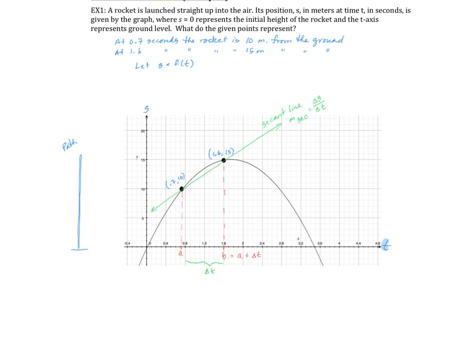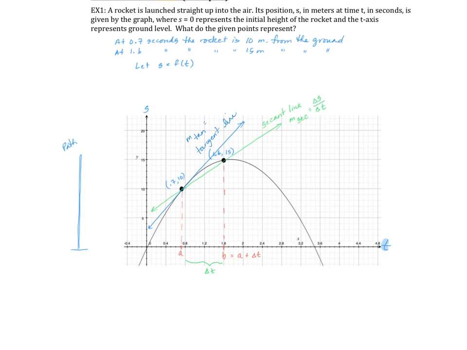Now let's look at the first point. Here, I think I'm going to use blue. At this first point, if I draw my tangent line, its slope is going to be our instantaneous rate of change.